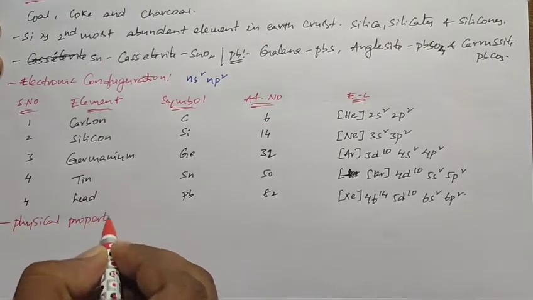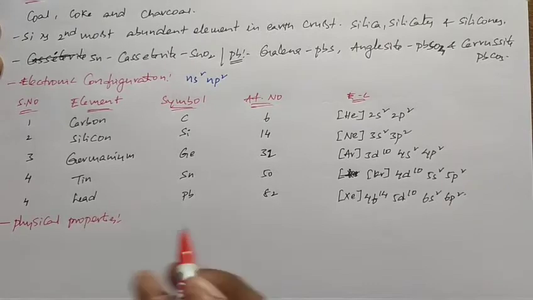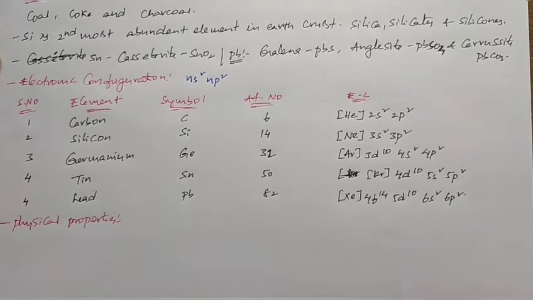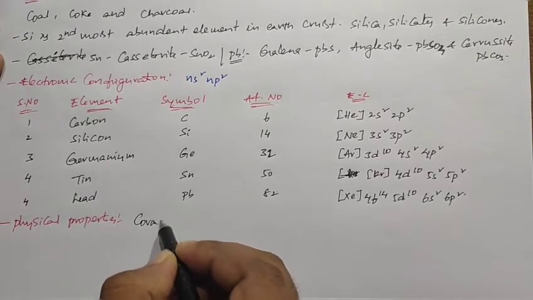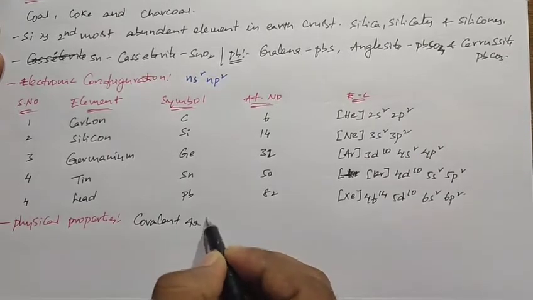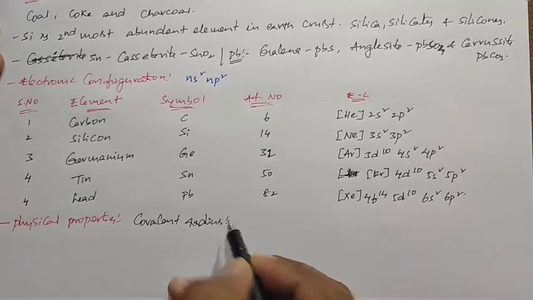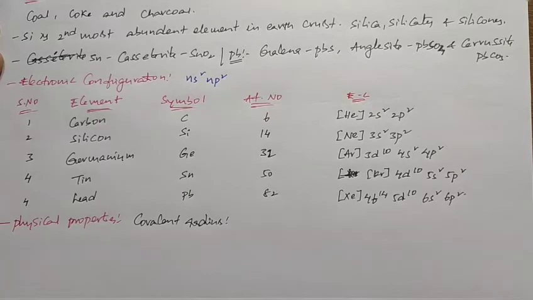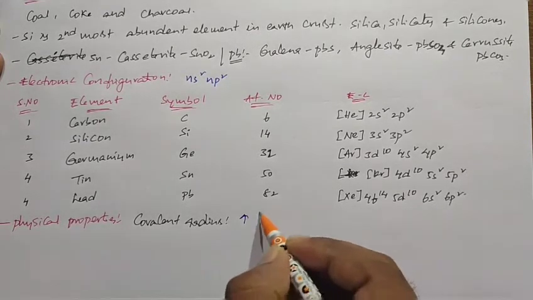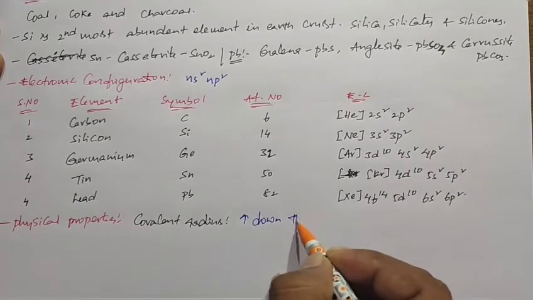Physical properties. The first one is covalent radius. The covalent radius of group 14 elements gradually increases down the group.